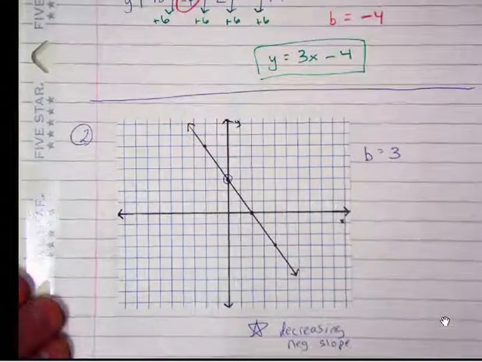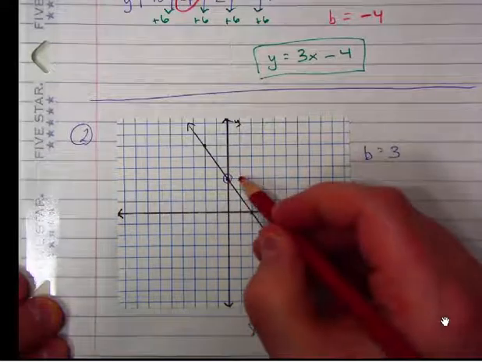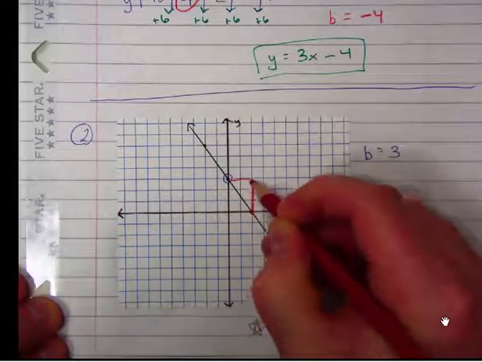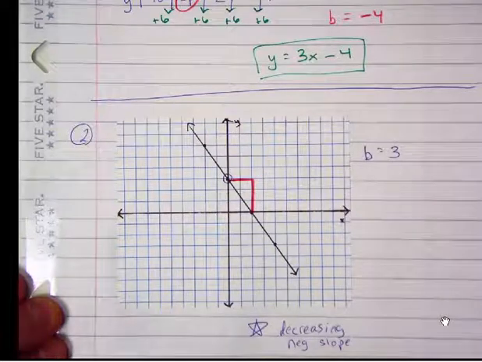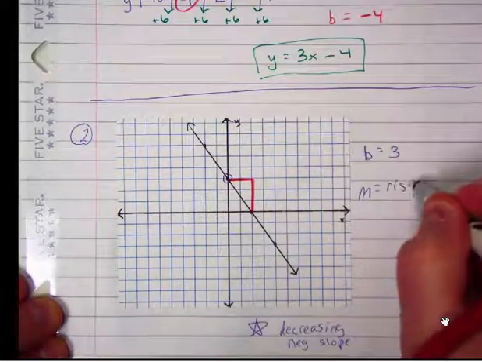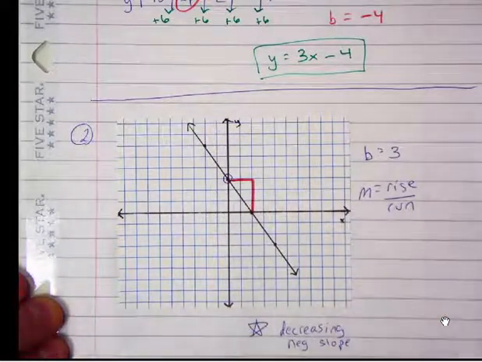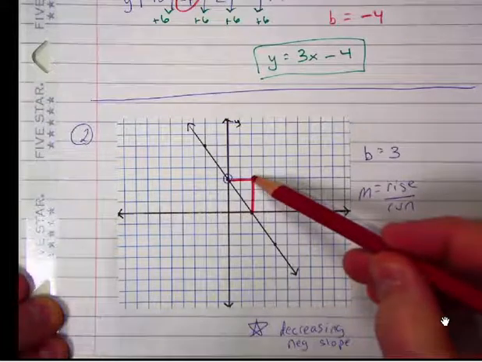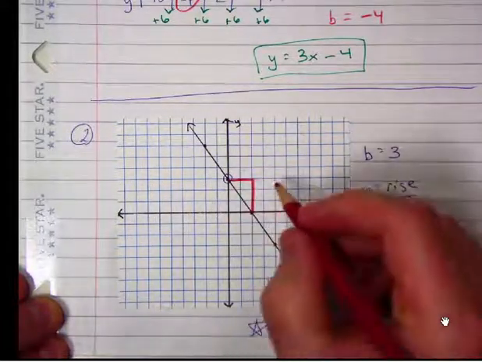Okay. In order to figure out slope, we're going to find 2 points on this line and create a right triangle. So I'll create a right triangle between these 2 points right here. And I use that by doing rise over run, recognizing that in this case, it's actually not rising, it's actually falling. And this is falling 1, 2, 3 units because the scale on this is 1.